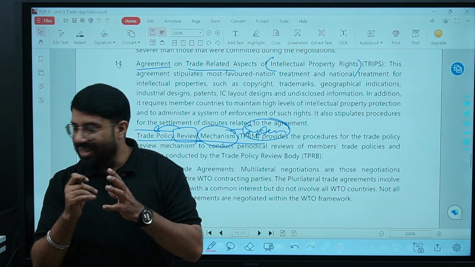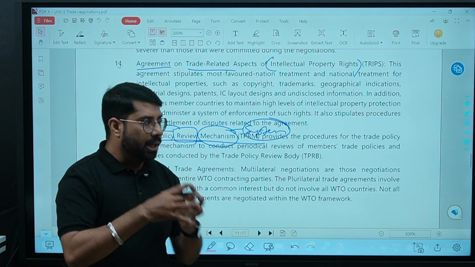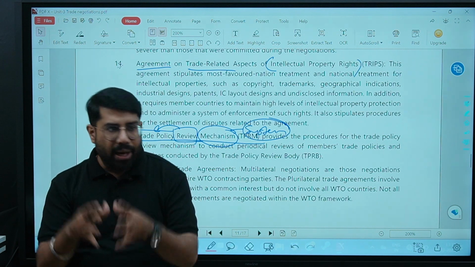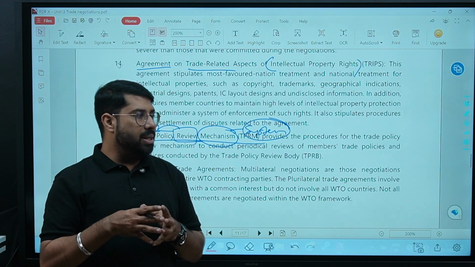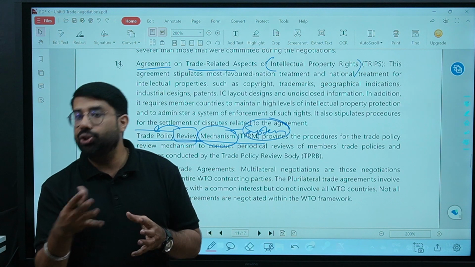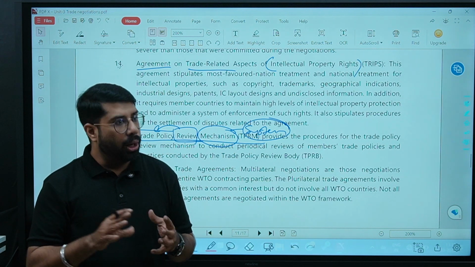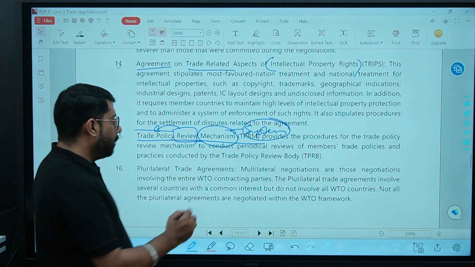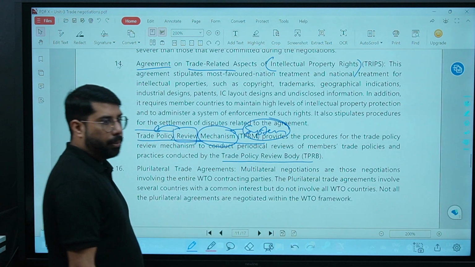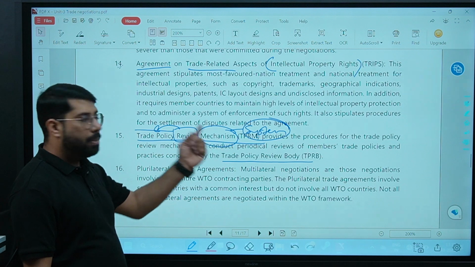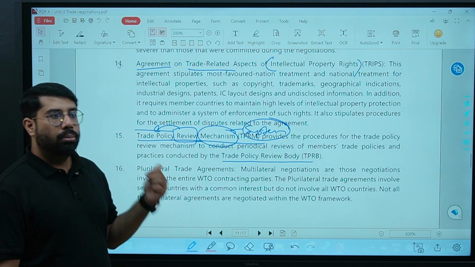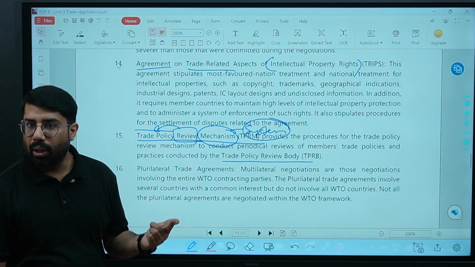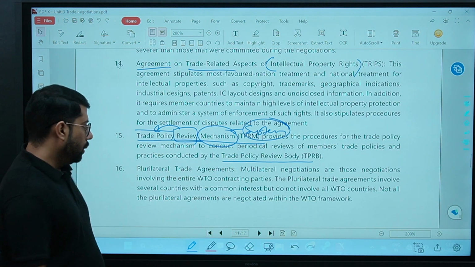In that board there are a number of representatives of their respective countries, and they meet and decide together whether there is any requirement of change in the trade policy. If there is, the changes are made. That board is what we call the Trade Policy Review Board, TPRB. The system is known as TPRM, Trade Policy Review Mechanism. Are we clear? Yes or no?